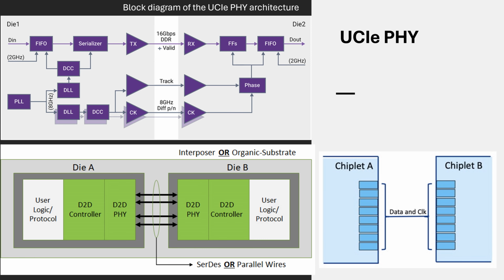Then let's see what this PHY, or die-to-die PHY, is. The upper one is the block diagram of the physical layer of the UCIe PHY architecture. If you see, the left side is a serializer, the right side is a deserializer. In the simplest words, the left side is the transmitter and the right side is the receiver.